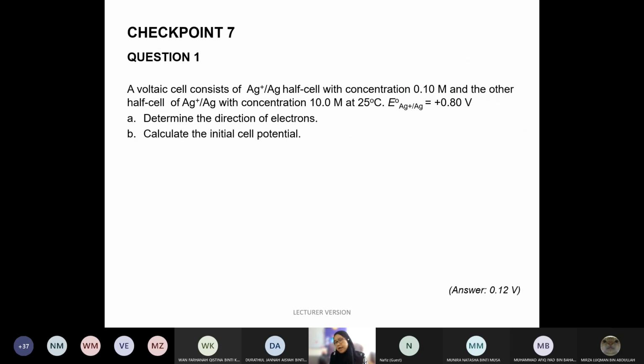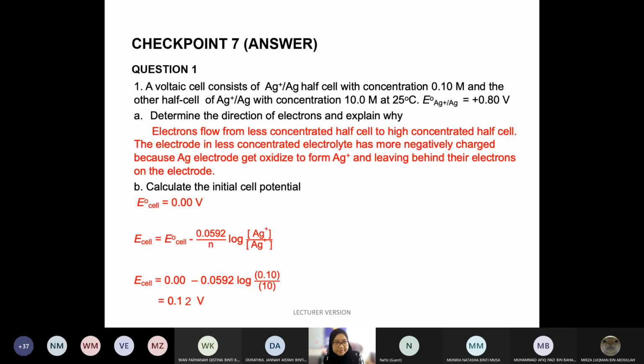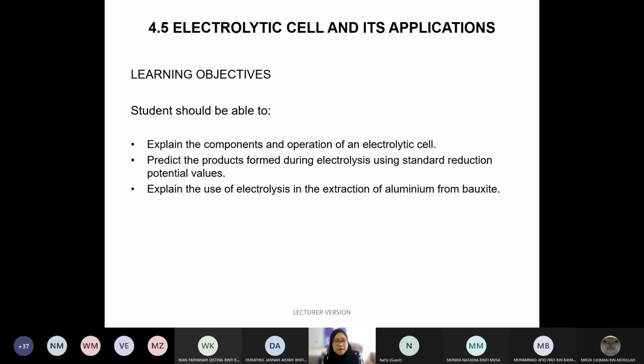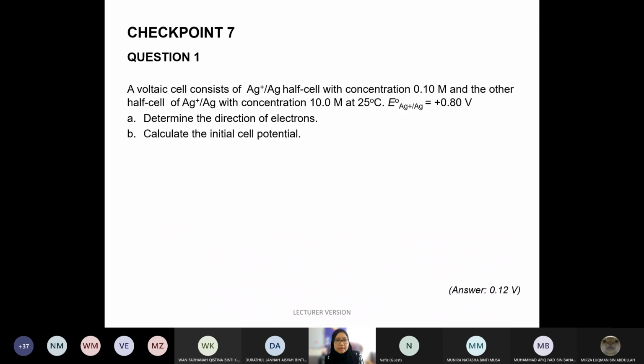Berapa soalan? Ada berapa soalan sebenarnya? Okay, right. Cubalah try checkpoint 7. And then the next checkpoint, that will be your homework. We will discuss it tomorrow, and I'll proceed to electrolytic cell. At least sikit kita masuk pun jadilah.